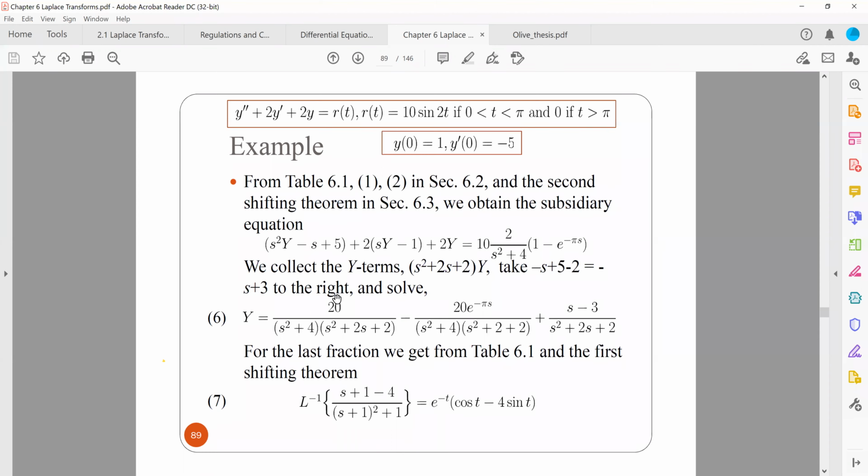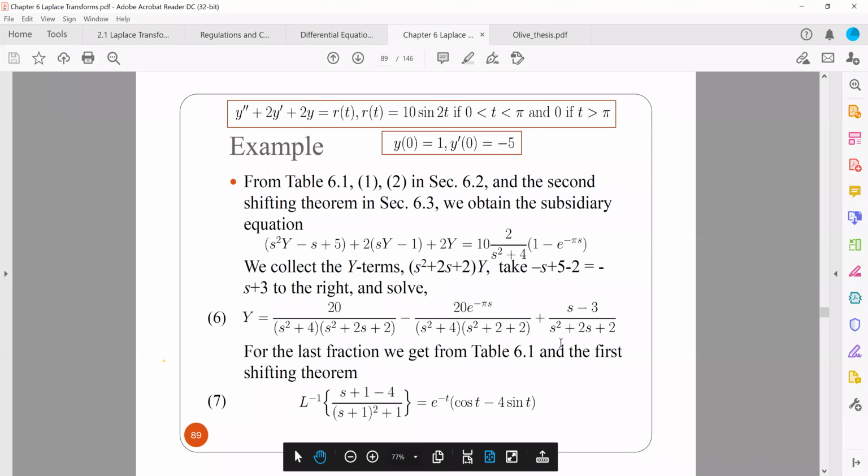Again, collecting like terms, you end up with this and this. So for which one? For this one, this is how we solve it.